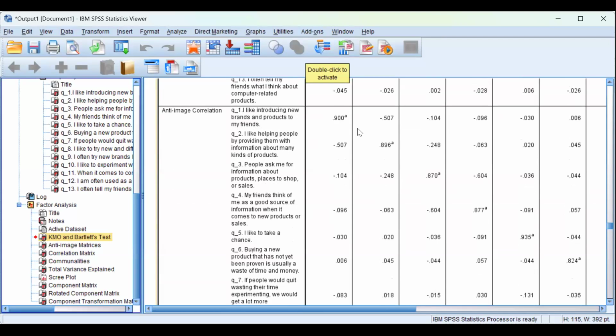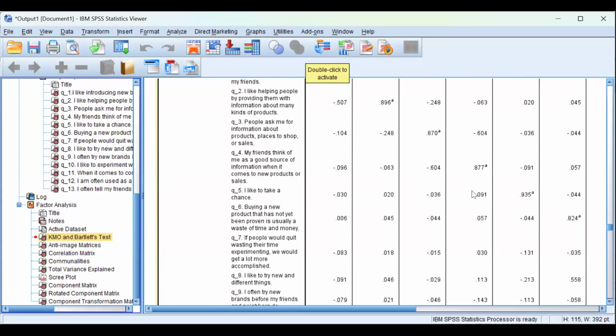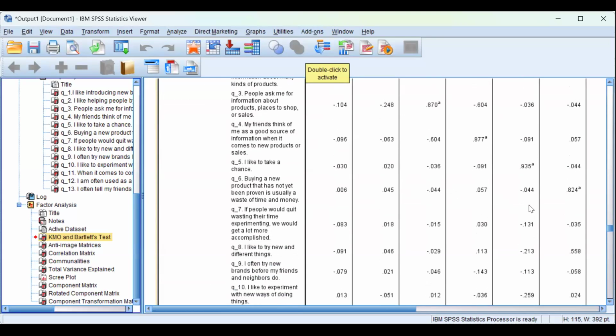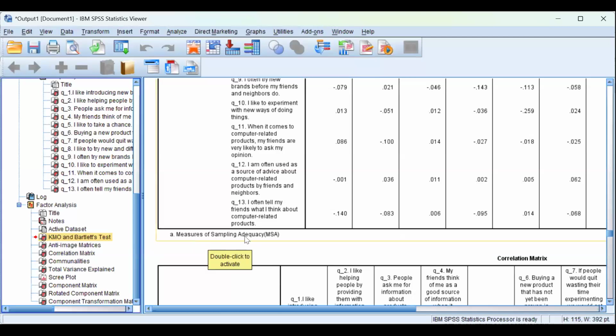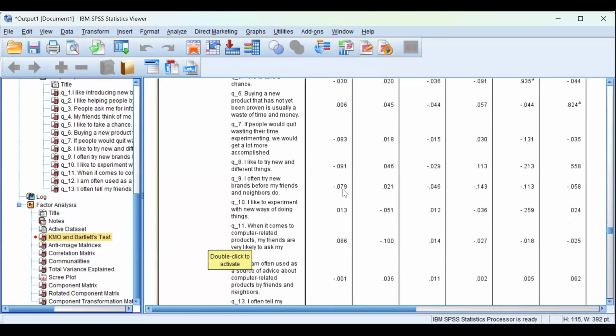It is written 0.900 with a small a superscript, 0.896, 0.870, 0.877, 0.824. All the values are above 0.5. And what are these values? These are the measures of sampling adequacy, and it should be more than 0.5.